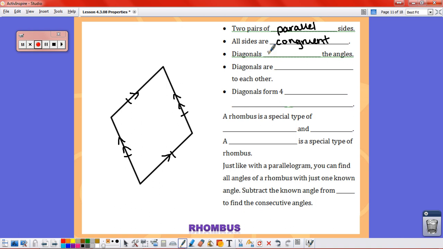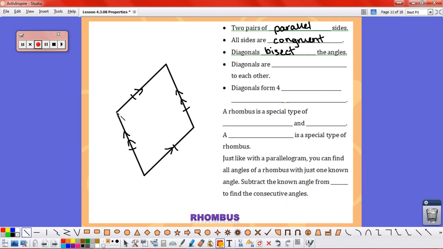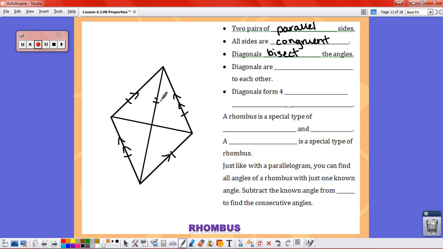Diagonals bisect the angles, like this. So that means that this is equal to this, and this is equal to this.